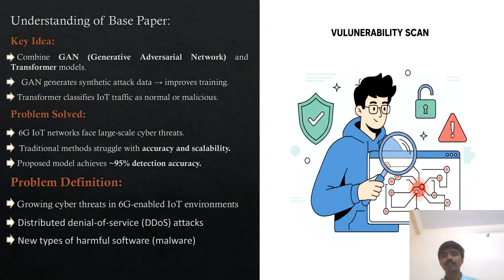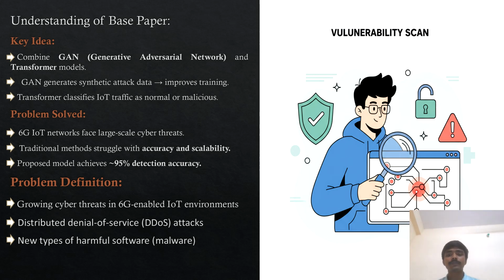The transformer model is used to classify the IoT traffic, whether it is normal or attack. This is important because traditional models cannot handle large scale and complex 6G IoT traffic. This proposed solution improves detection accuracy to about 95%. This is a major achievement in our project.